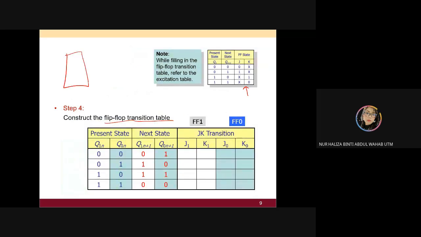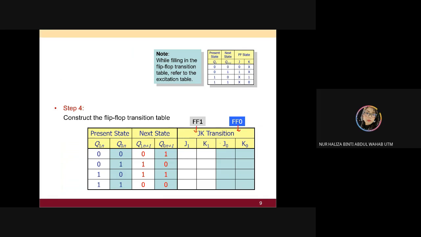If you still remember, this is your flip-flop 0. This is your flip-flop 1. It's going to be J0, K0, J1, K1, isn't it? So this is your transition table that you need to draw depending on your flip-flop.